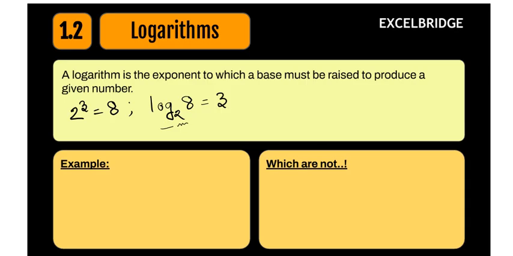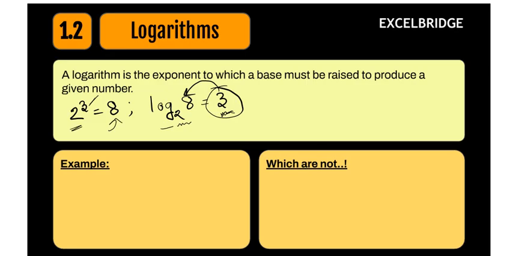If 2 is multiplied 3 times, then we get 8. So a logarithm is the exponent. That means this 3 is our exponent. A logarithm is the exponent to which a base must be raised to produce a given number.